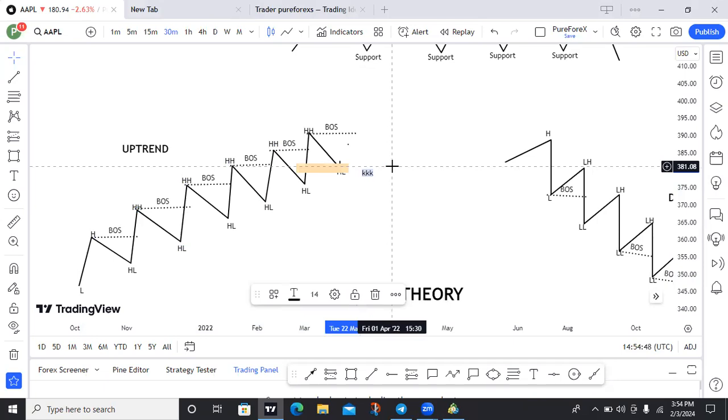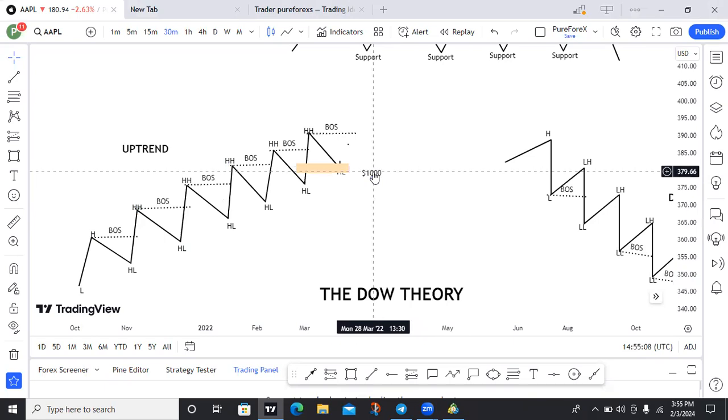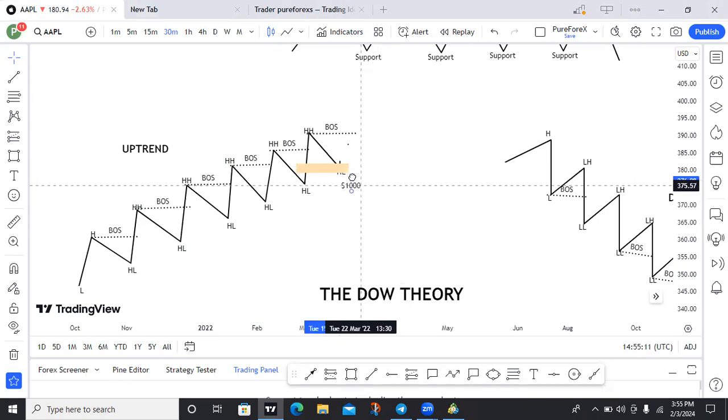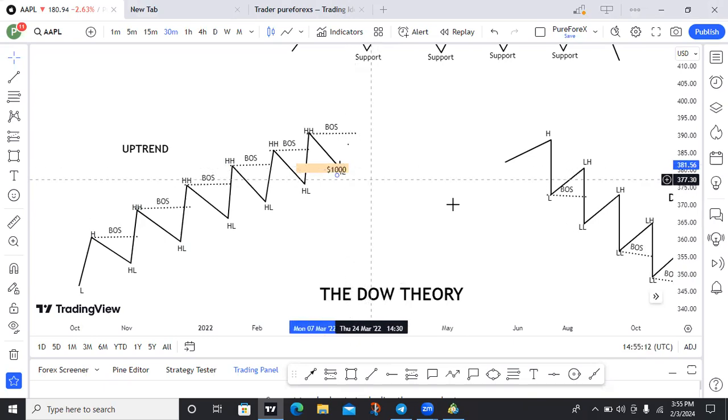Okay, let's say the current price of the iPhone 15 Pro Max is $1,000.